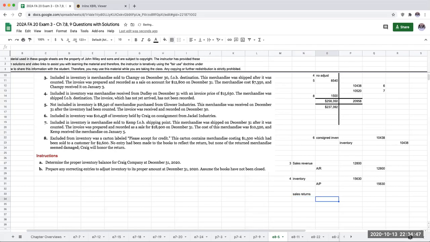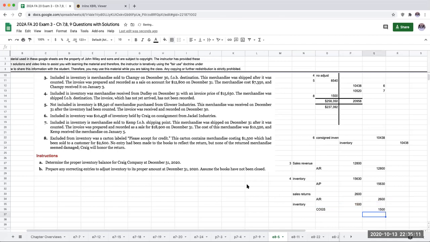I'm going to credit accounts receivable for 2,600. And then at the same time, I would need to show the inventory coming back, which would be a debit to my inventory for 1,500, and a credit to cost of goods sold for 1,500.